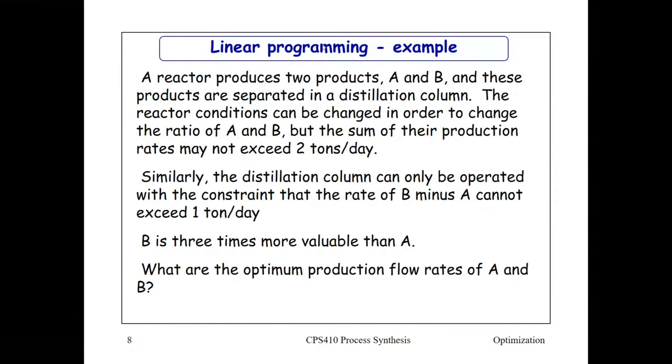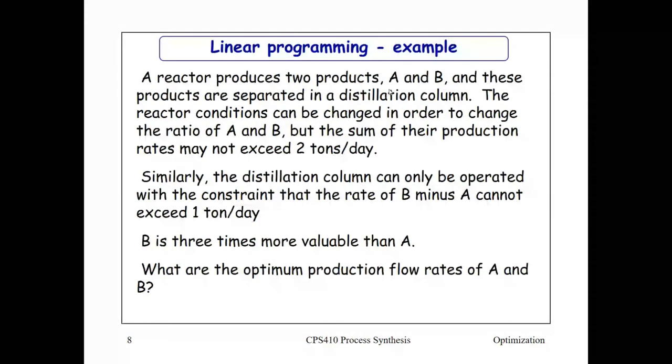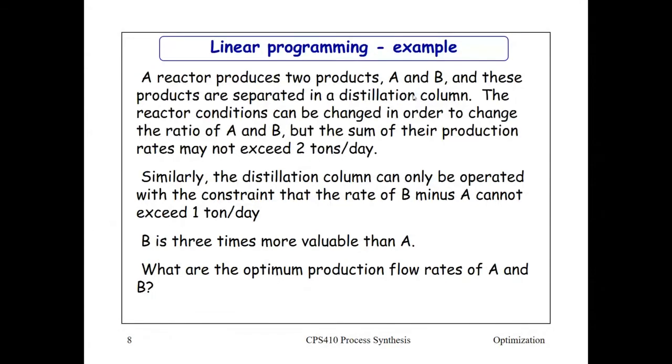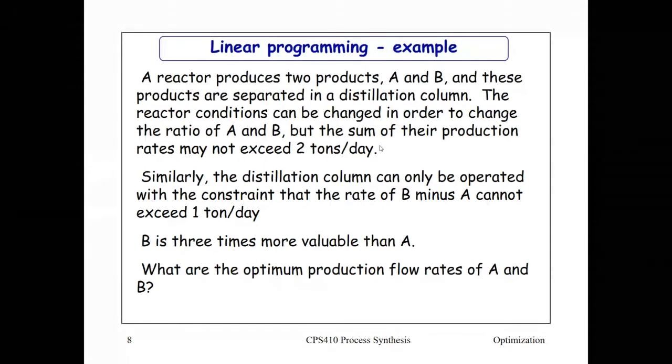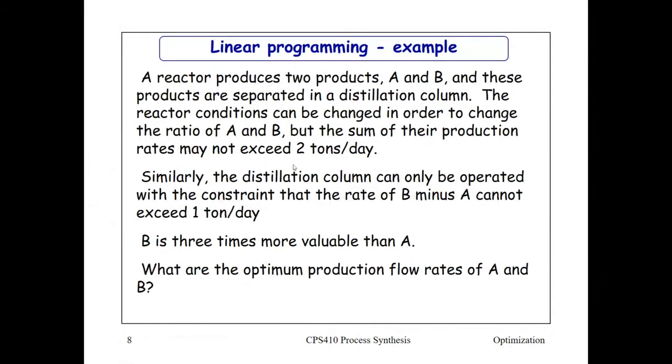A typical example of linear programming is when the variables are flow rates of chemicals. A reactor produces two products, A and B, and these products are separated in a distillation column. Reactor conditions can be changed in order to change the ratio of A and B, but the sum of their production rates may not exceed 2 tons per day.